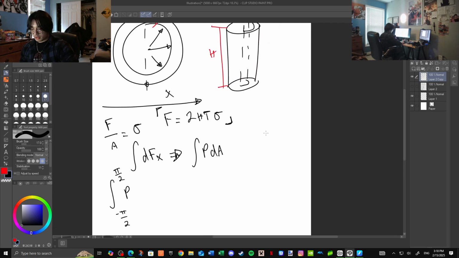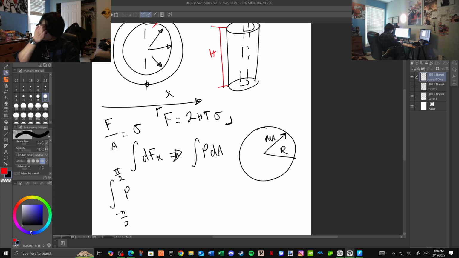So I'm going to draw another figure, this representing P dA. We'll also draw the radius as well. Since we need to find the surface area of each small section of the wall, we need to find the arc length for every small angle we come across.